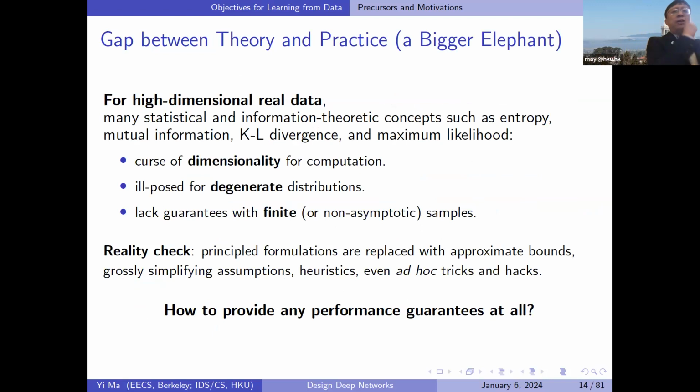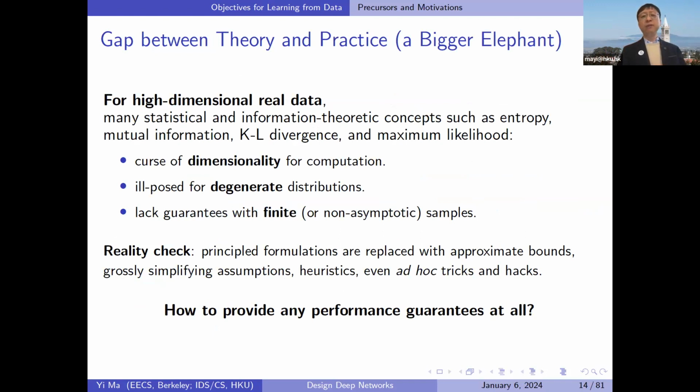So when we look at this, it conceptually makes sense, but computationally and operationally it makes no sense. Why? This is a problem we realized way before deep networks, when we work on real high-dimensional data such as images.